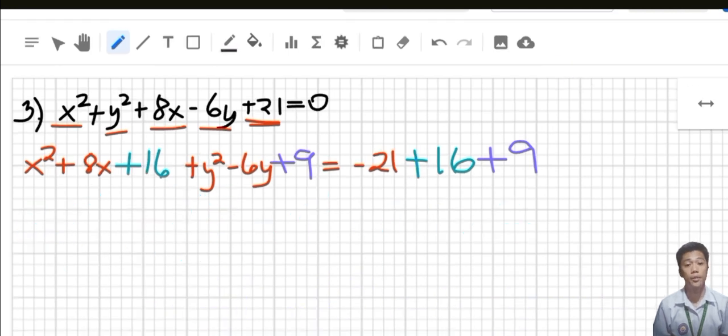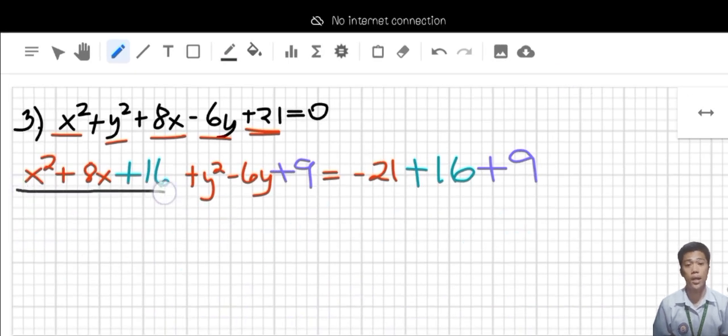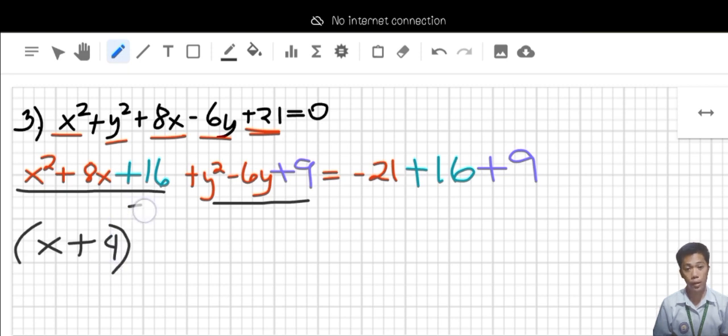We are going to factor x squared plus 8x plus 16 and also y squared minus 6y plus 9. So the factor of the first equation is (x plus 4) squared. Just think of a number that, if we multiply it to itself, will result in 16, and if we add, will result in 8. The same process with the second equation, but here we are going to copy the negative sign.